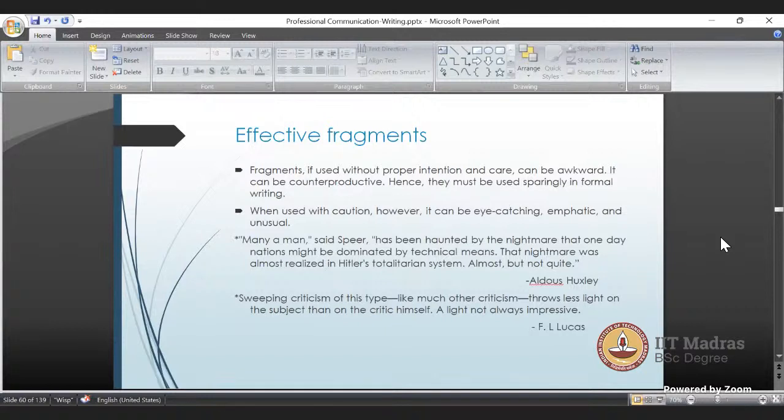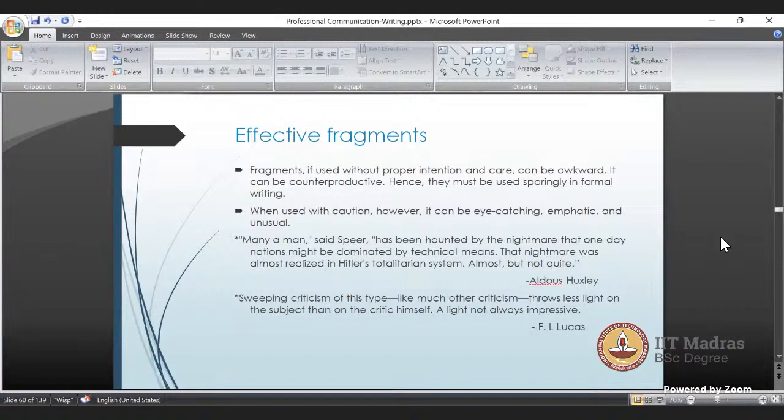You can use them when you are expected to use an unusual tone, say a tone of excitement, or when you want to elicit a response from your reader. In cases where you want to grab people's attention, or when you want to emphasize a particular aspect, you can use fragments.